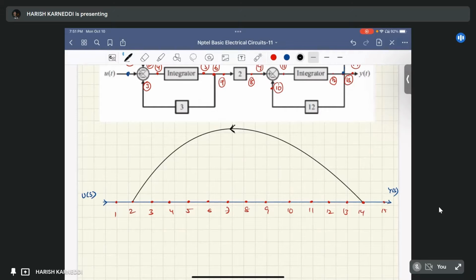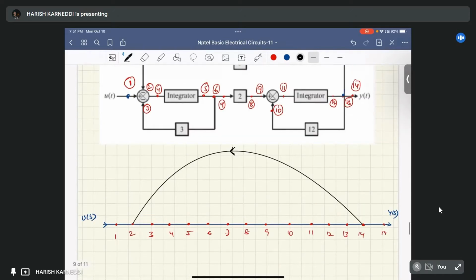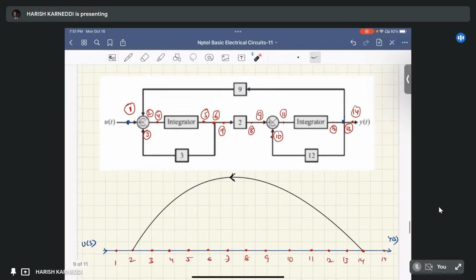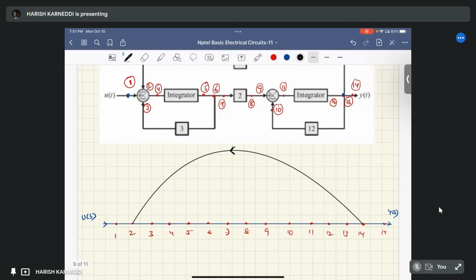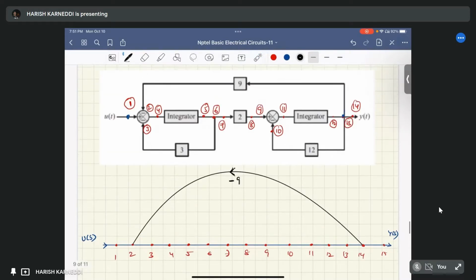It is 14 to node 2, but it is having a negative sign. It is a negative feedback. So the gain of this path is minus 9.